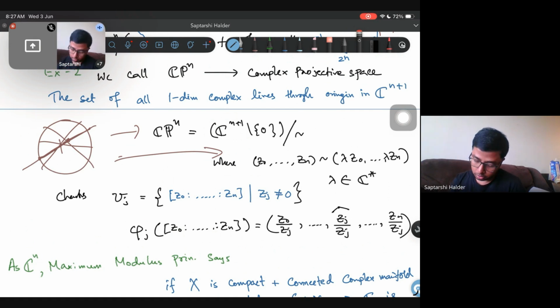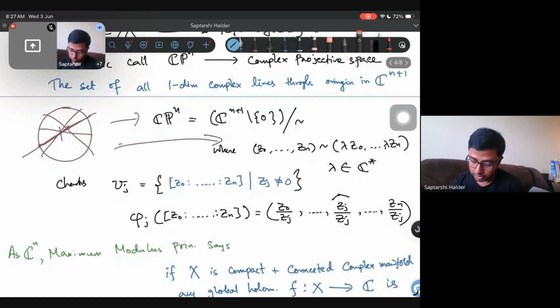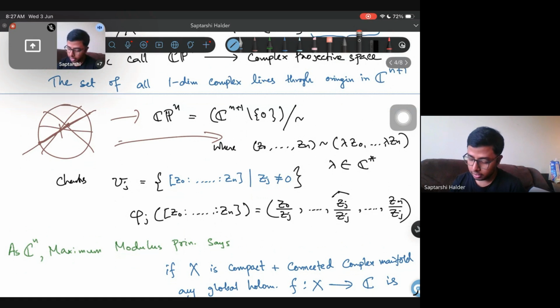Now the functions phi_j are like (z0, ..., zn) mapped to z_k over z_j, and so on. We can divide by zj because it's not equal to 0. The domain is like that.